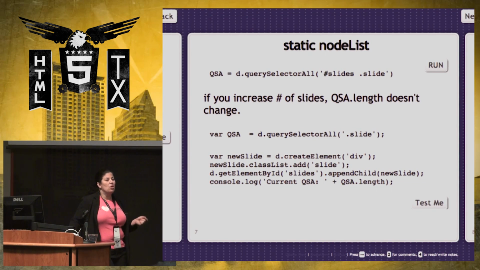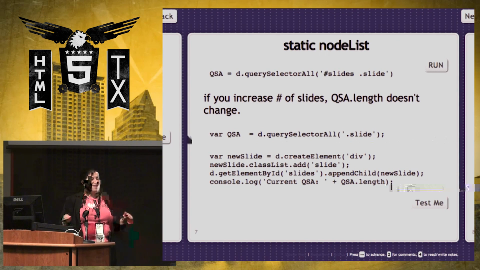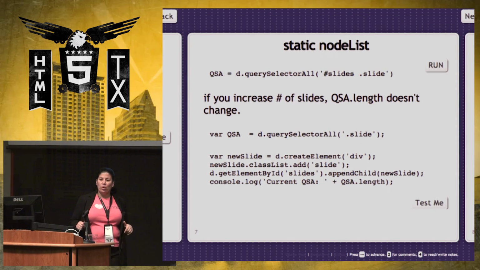And what that means is, once you've done your querySelector and you've gotten all your, in this case, my slides, it said that I had 41. That's it. It remembers that I had 41. It's static. It is the node list that it got when I captured it.